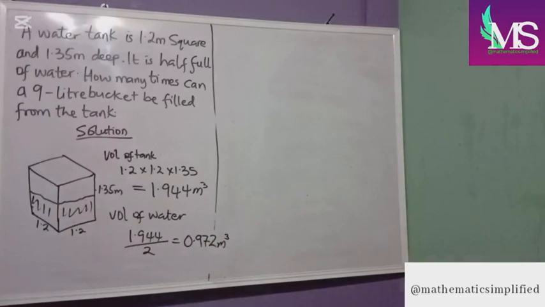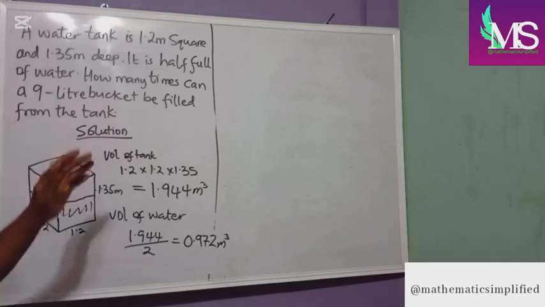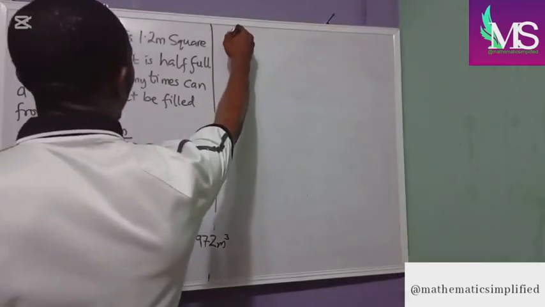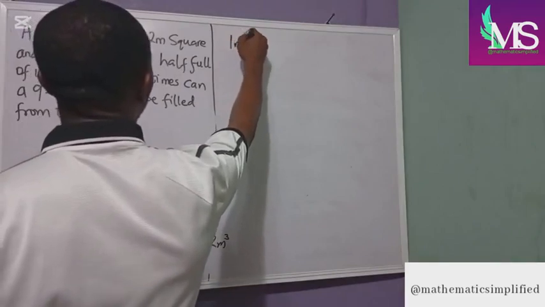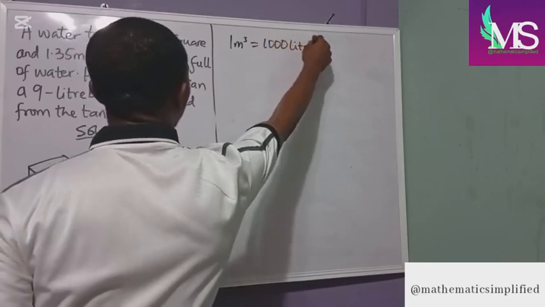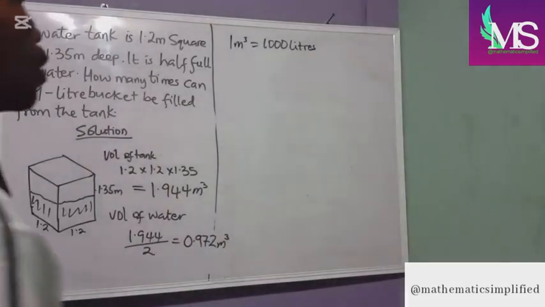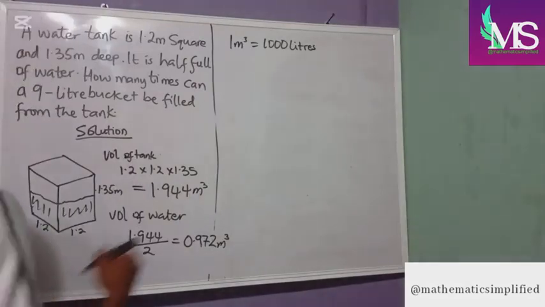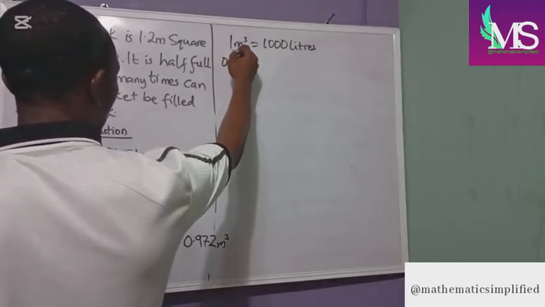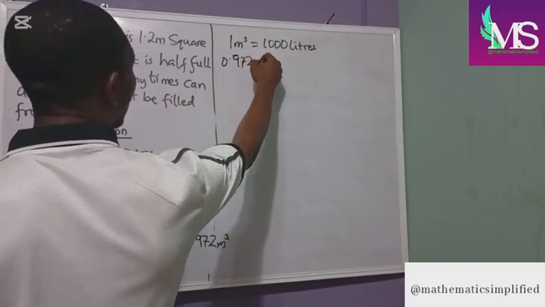Our question now says, how many times can a 9-liter bucket be filled from the tank? The question you should ask yourself is, how many meter cube forms a liter? We know that 1 meter cube equals 1,000 liters, and we have 0.972 meters cube.